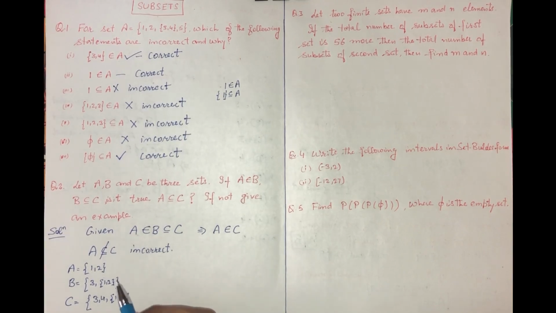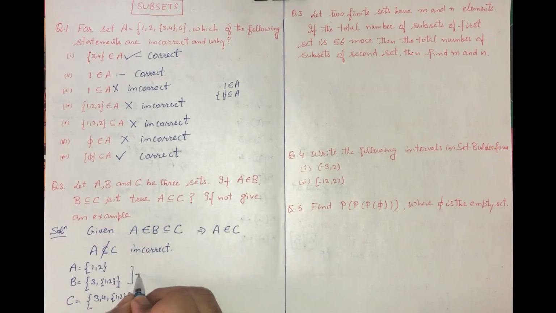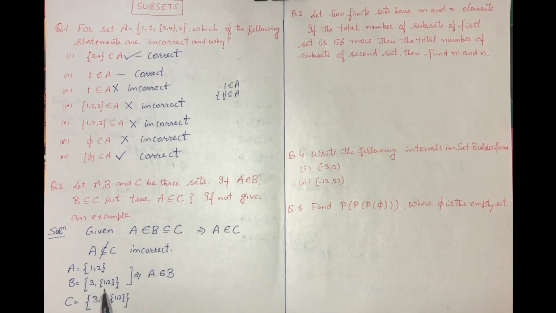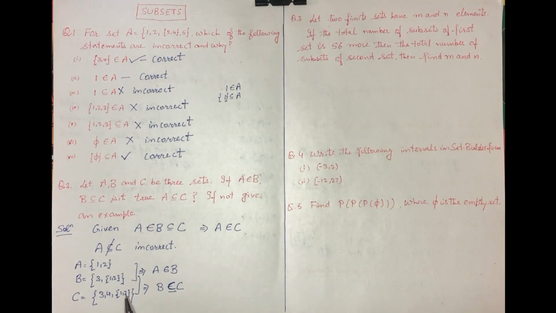Now as you see, as per given, from these two we have that A belongs to B. You see, this is an element of B. Now next, whole of this B is contained in C. These two imply, and from here you will easily see that {1, 2} is an element of C. So this implies A belongs to C. {1, 2} is an element of C. Why not?